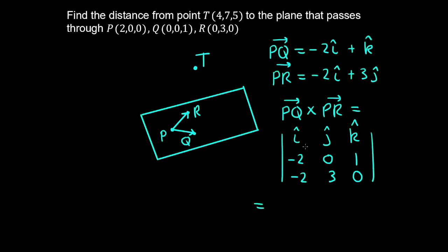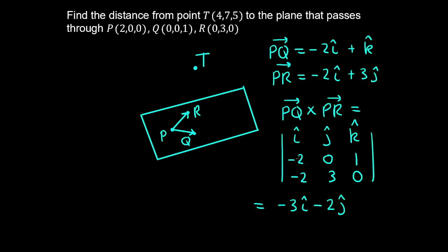So therefore, the I component is 0 by 0 minus 1 by 3, which is minus 3 in the I direction. And J is minus 2 by 0 minus 1 by negative 2. So we get minus positive 2, which is minus 2 in the J direction.